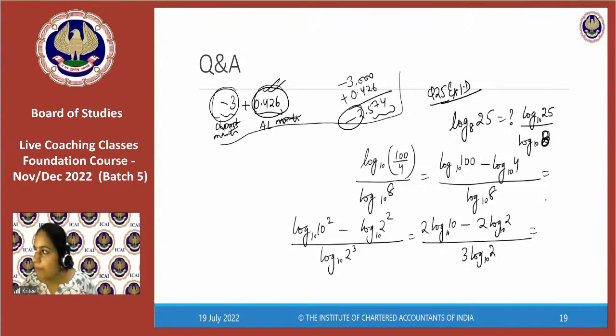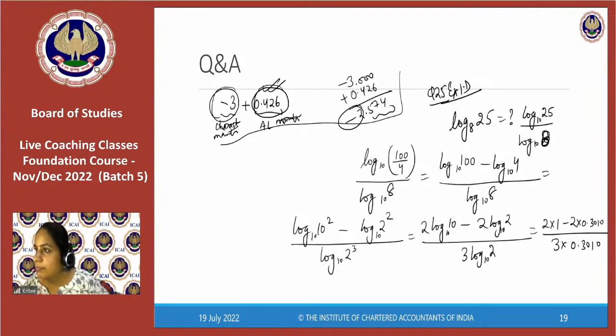Since you have been given in the question that the value of log 2 is 0.3010, we get 2 into 1 minus 2 into 0.3010 upon 3 into 0.3010. Just solve this, you will get your answer. Okay. Gunjan, I hope I have answered your doubt and you will be able to solve this.